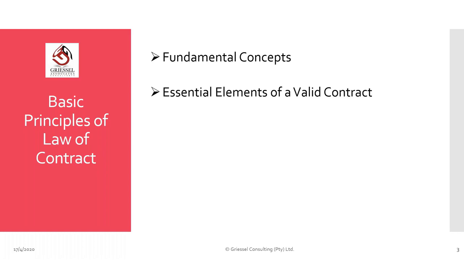The next element is that what you offer to do must be possible. If it's not possible, a valid contract cannot come into existence. And the last important element, it must be lawful. The element of lawfulness initially only had to do with whether it's against the law or not, but it has grown into the fact that when it comes against the public policy, then it's also not acceptable.